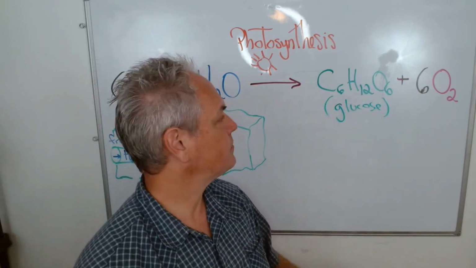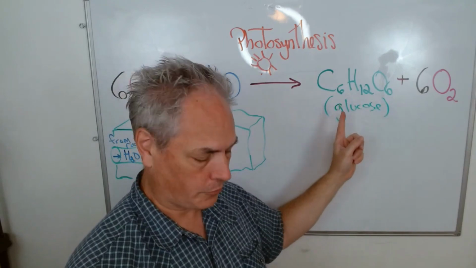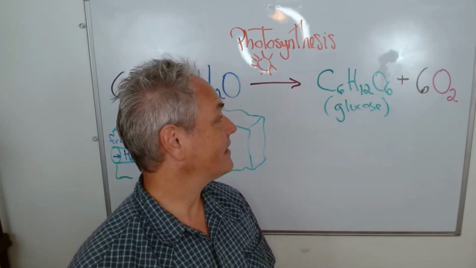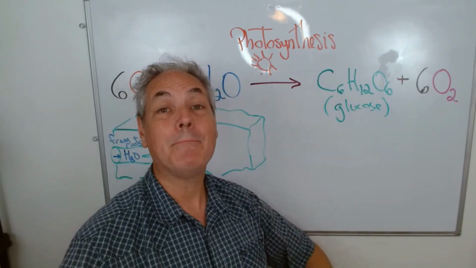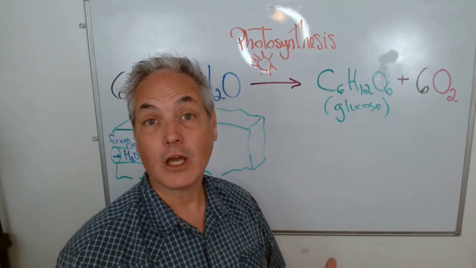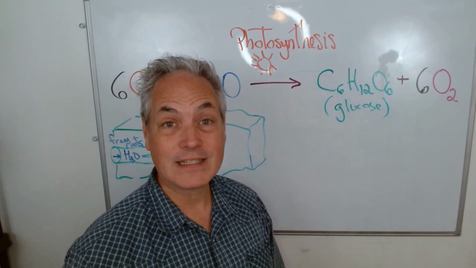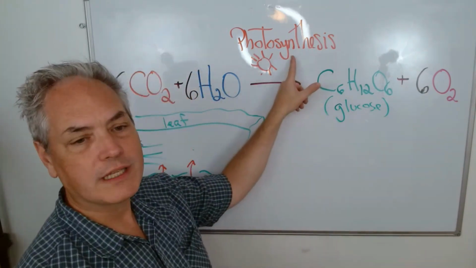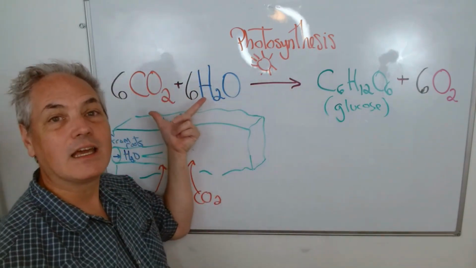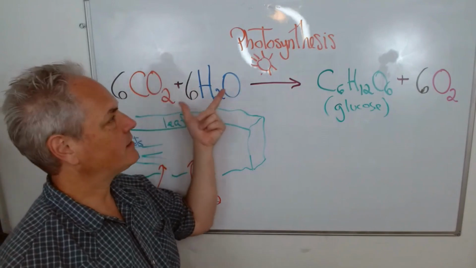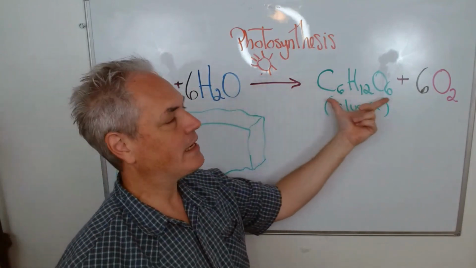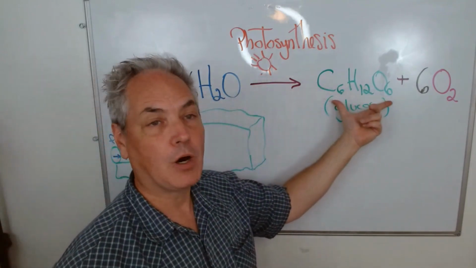Now glucose has a specific chemical formula, but if you are thinking of other components making the buildup of a plant, the molecules are very, very similar. So here the photosynthesis is taking the ingredients with this energy, creating a much larger molecule.